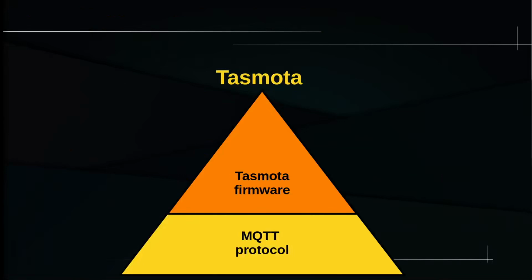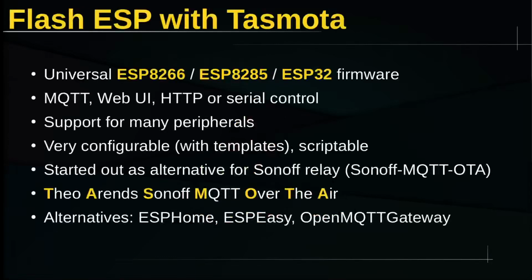You need something to connect to the broker, and that is where I usually use Tasmota, which is a universal firmware for ESP chips, like the one we saw in the Tuya Lite in the previous presentation. And this enables you to control any ESP over MQTT via a web UI, over HTTP GET requests, or even over a serial connection, and it already has support for many, many peripherals you could hook up to your ESP.